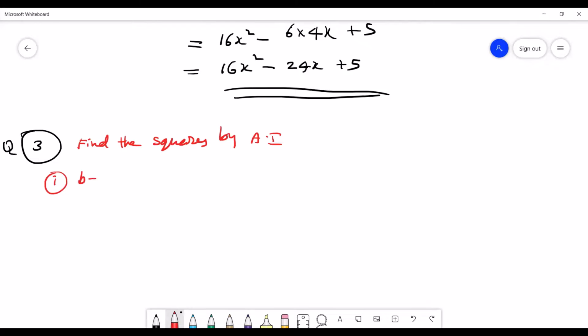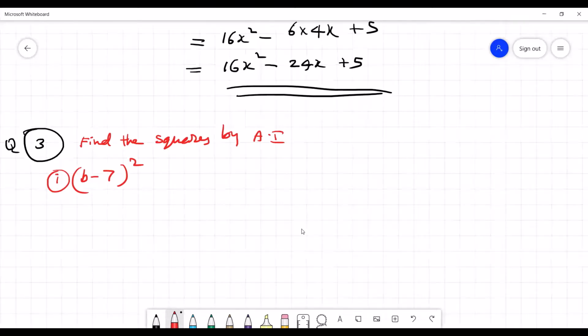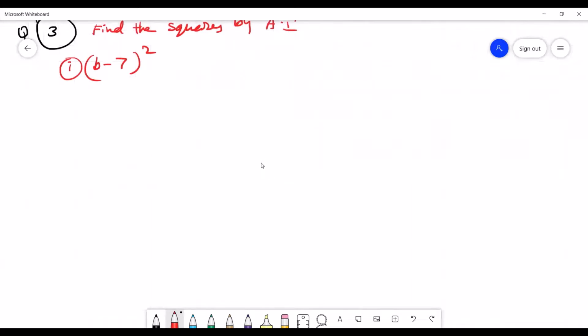First, let us consider the first question itself. First question is (b minus 7) whole square. So we can apply the identity here, (a minus b) whole square, which we know as a square minus 2ab plus b square.